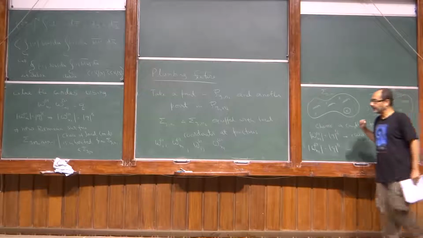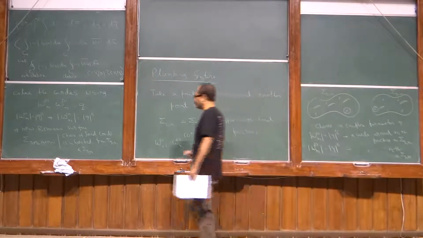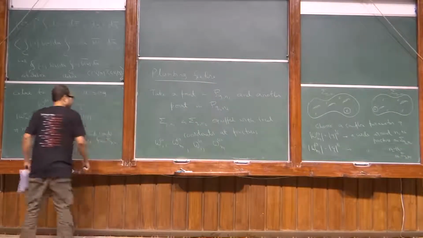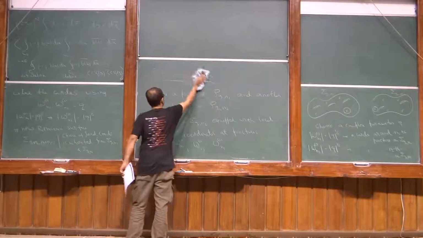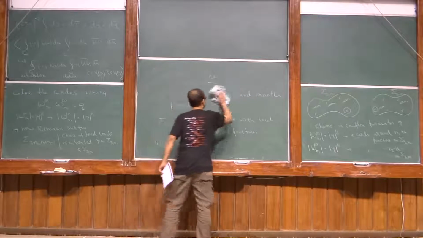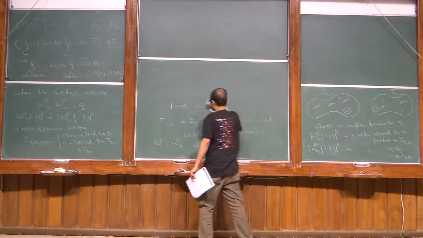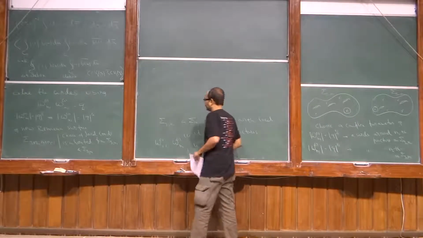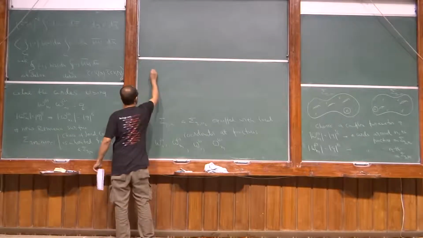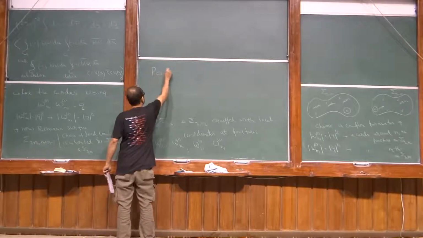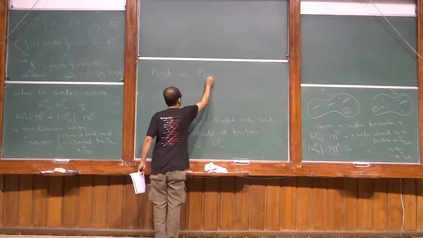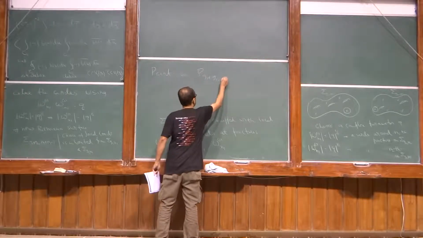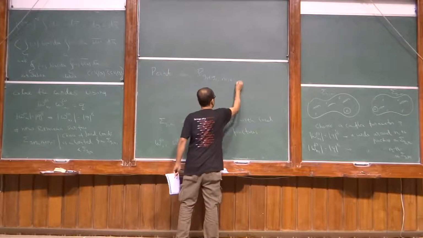Okay? So which means that what you have arrived at by this procedure is a point in P G1 plus G2 N1 plus N2 minus 2.